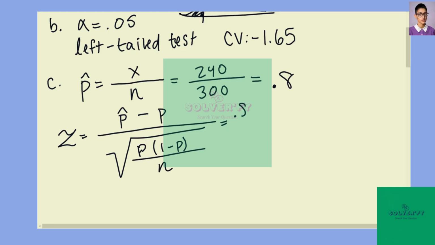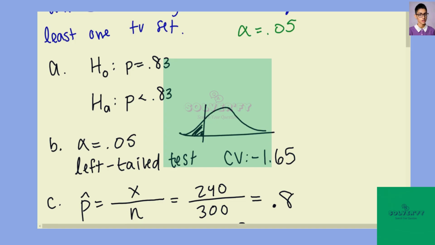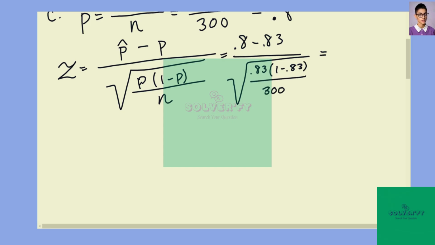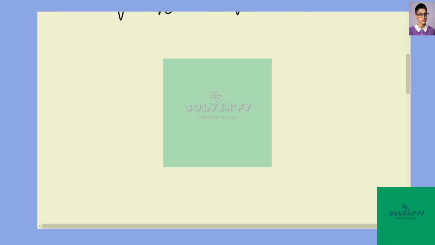If we put that in, we have 0.8 minus 0.83 over the square root of 0.83 times 1 minus 0.83 all over 300. And we end up with a z-value of negative 1.38.